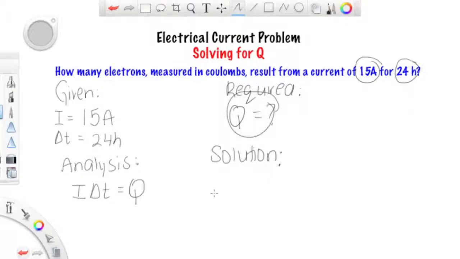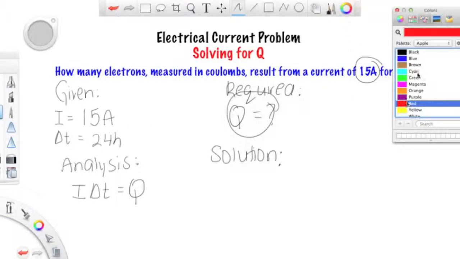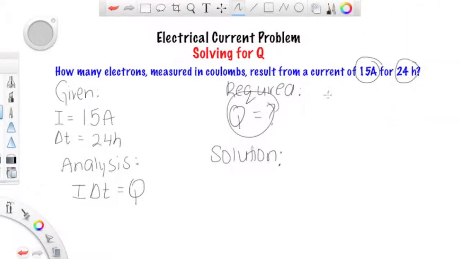Before we substitute our variables for our information, we do need to convert our time into seconds, just so it's easier and we have an accurate answer. So it's time to do some conversion factors, which I will do in the corner of the screen just so we have more space. So 24 hours. We all know that in 1 hour there are 60 minutes, and that in 1 minute we have 60 seconds.